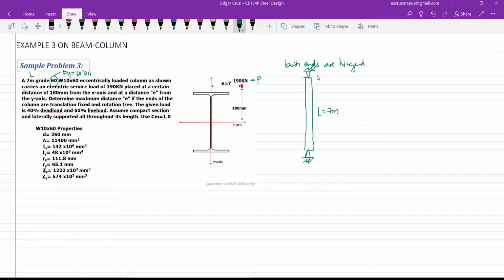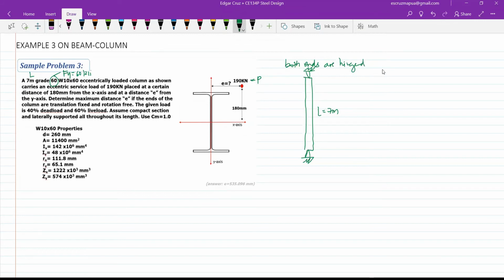Okay, the given load of 190 kilonewton is 40% dead load and 60% live load. Assume compact section and laterally supported all throughout its length. Cm is equal to 1.0.